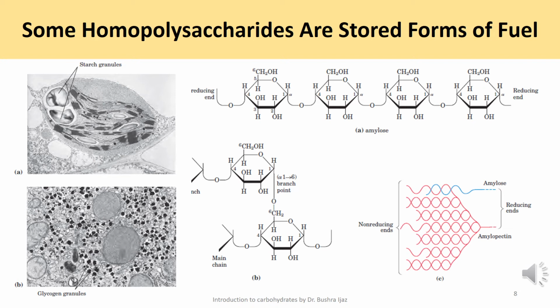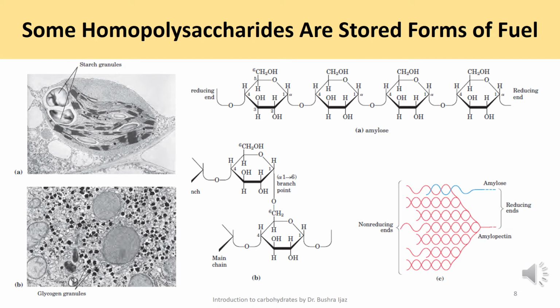The former consists of long, unbranched chains of D-glucose residues connected by alpha 1,4 linkages. Such chains vary in molecular weight from a few thousand to more than a million. Amylopectin also has a high molecular weight, up to 100 million, but unlike amylose, it is highly branched.